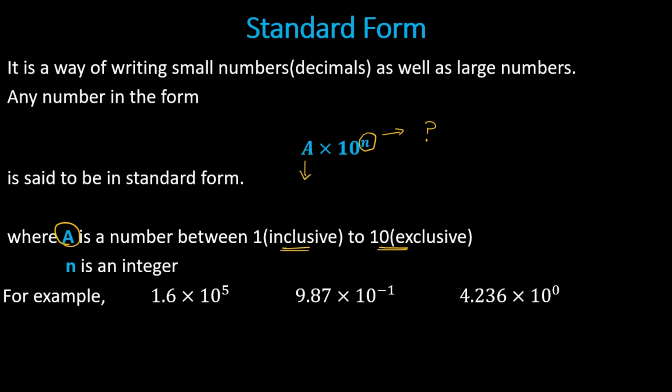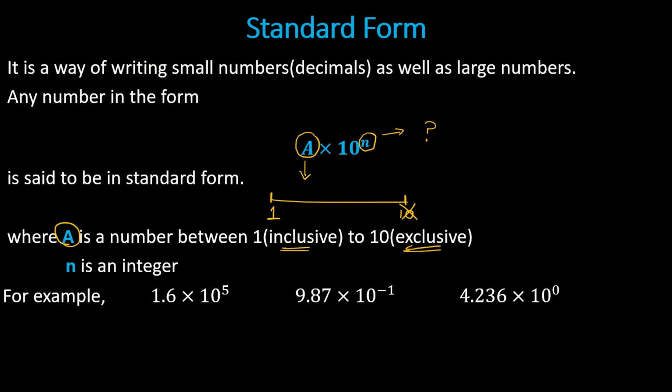What does this mean? It simply means that the number a here, it is simply a number from 1 to 10, but the number can't be 10 because here we have 10 exclusive, right?